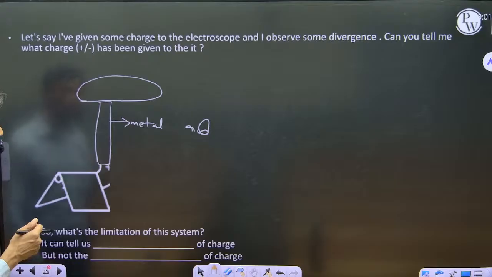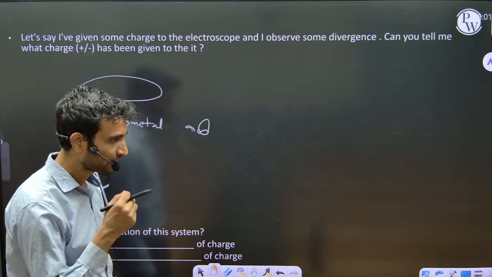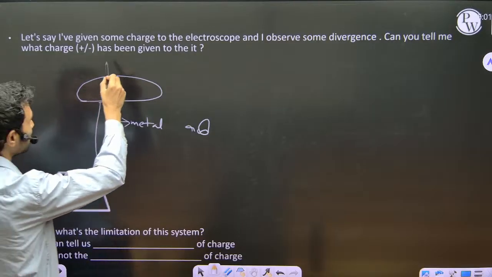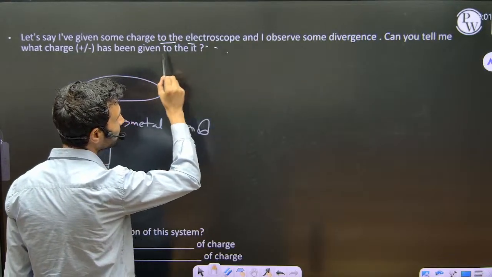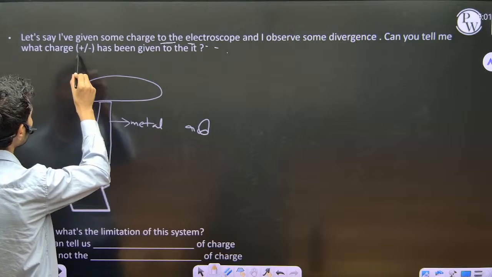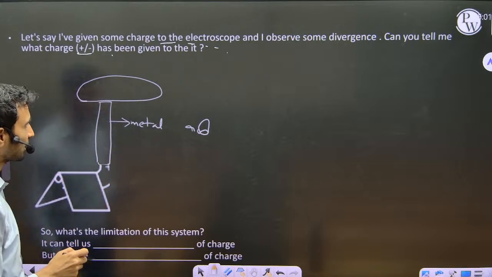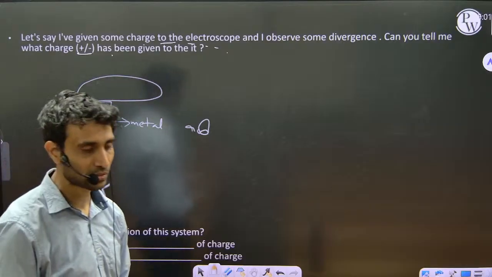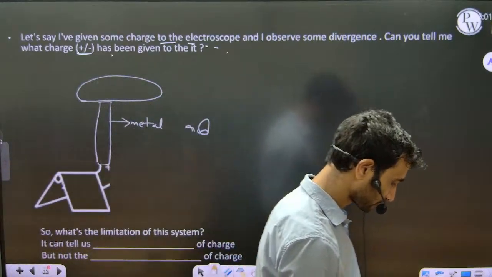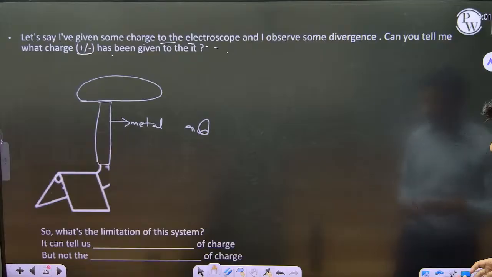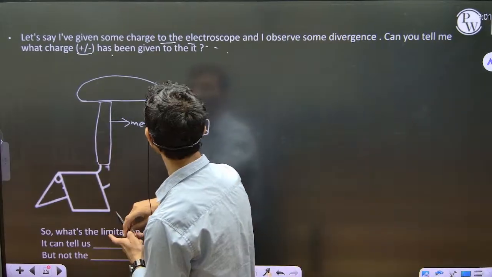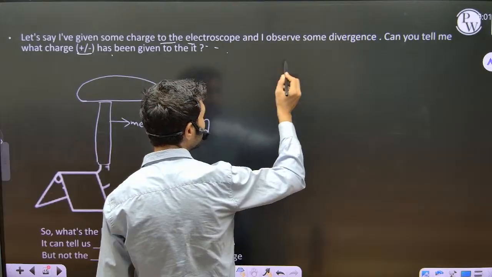So now let us answer some questions based on what we have done already. Let's say I have given some charge to the electroscope and I observe some divergence. Can you tell me which charge it is? I don't know whether it is positive or negative charge, but I'm seeing some divergence.